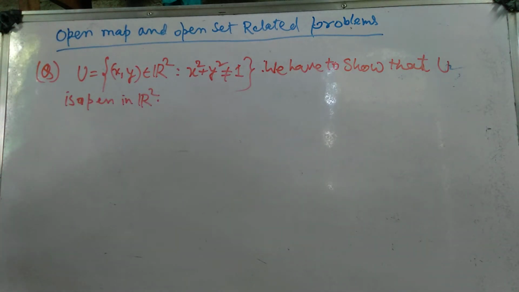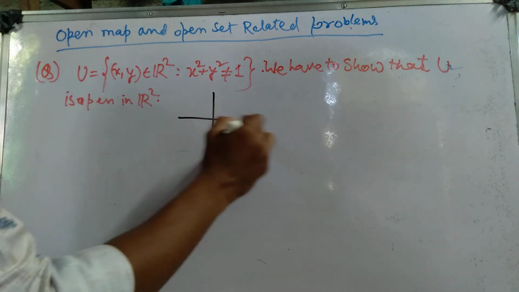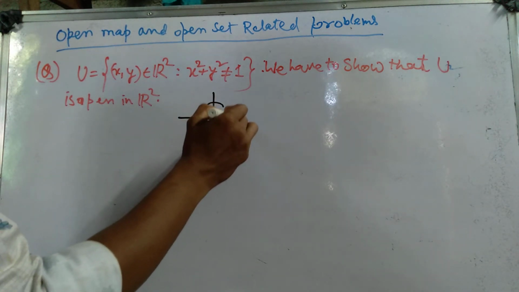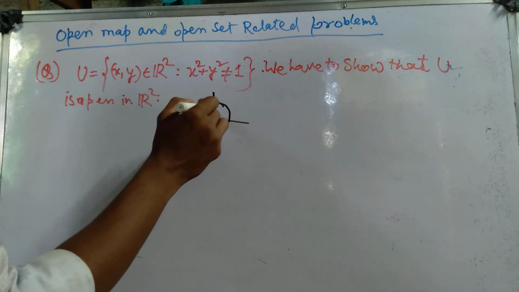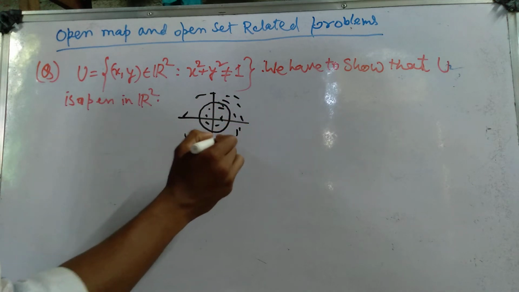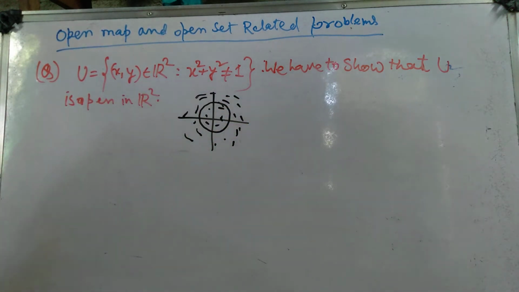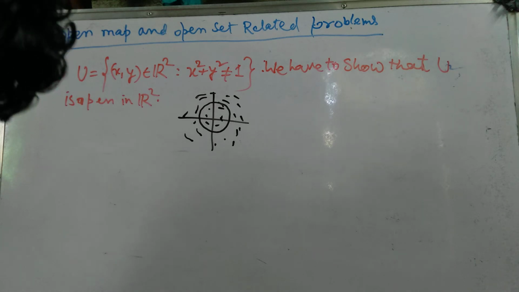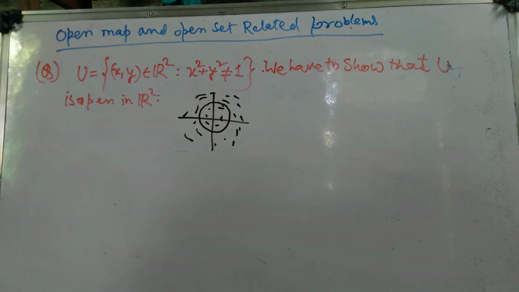How do we handle it? We know about it in a single term. This portion is added, and the other portions contain U, either outside this circular region x square plus y square equal to 1. So this one is open in R square. We have to prove it.